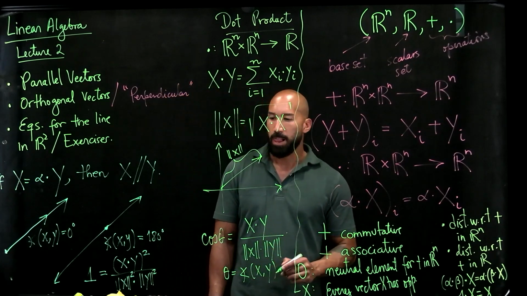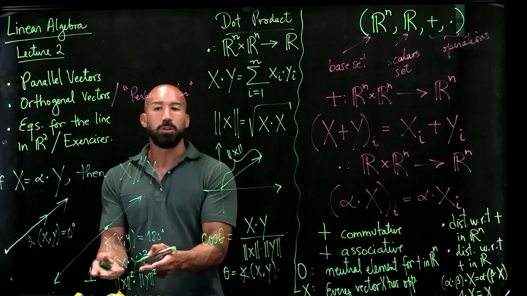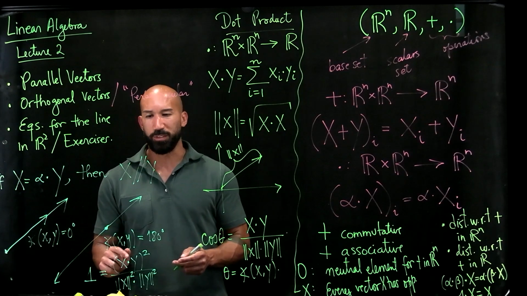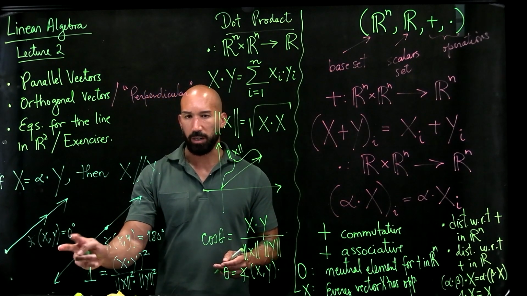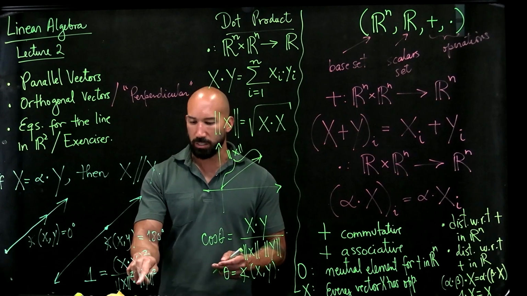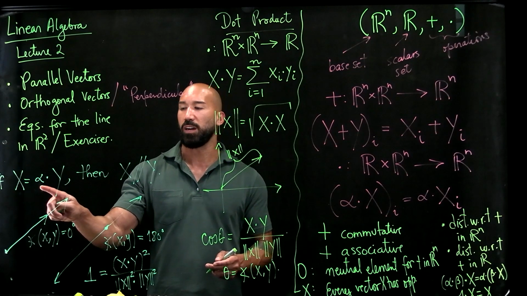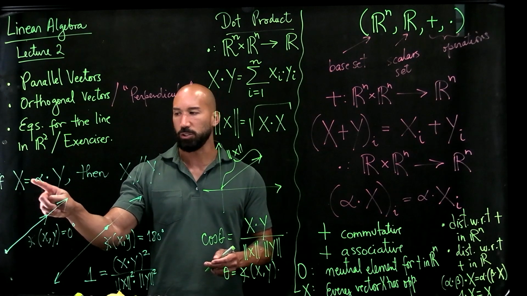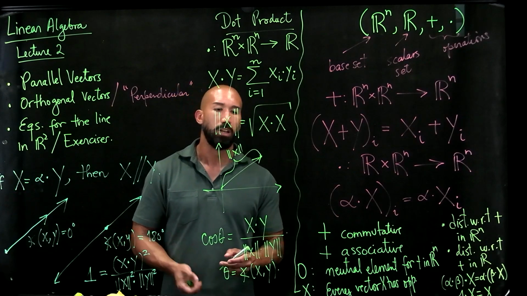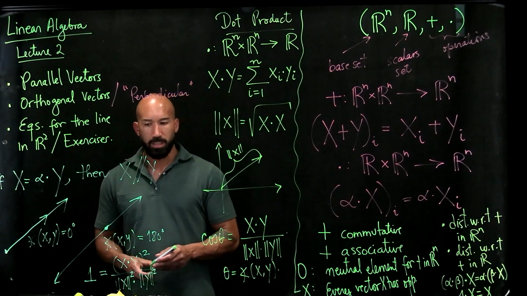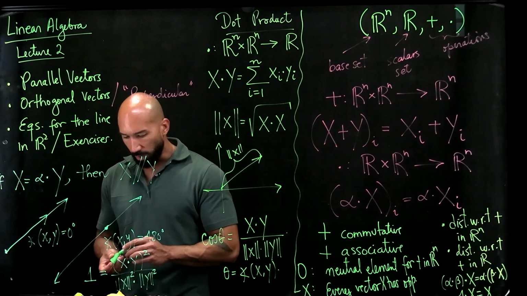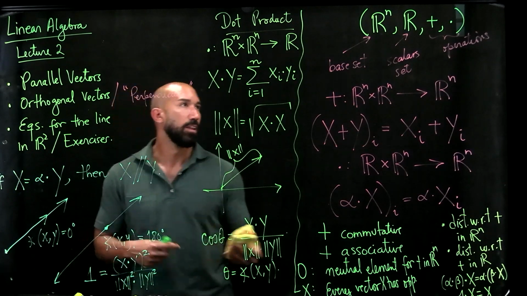Basically, we are going to use this to prove that if two vectors are parallel, so if we are in either of these two cases, then we can find a scalar alpha such that x is equal to alpha times y.